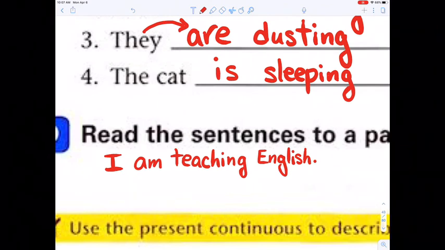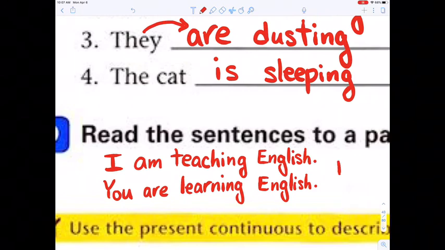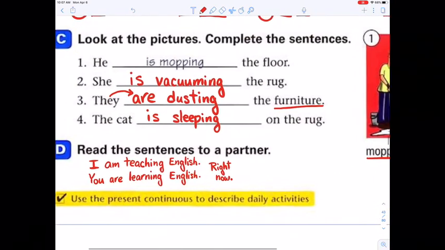What are you doing right now? You are learning English. I am teaching English. You are learning English. When? Right now. Very good.